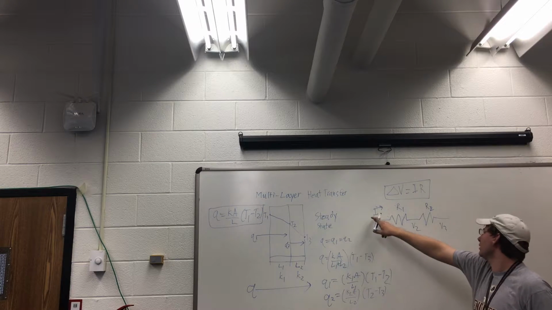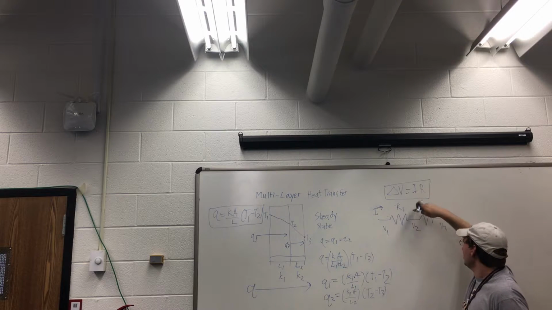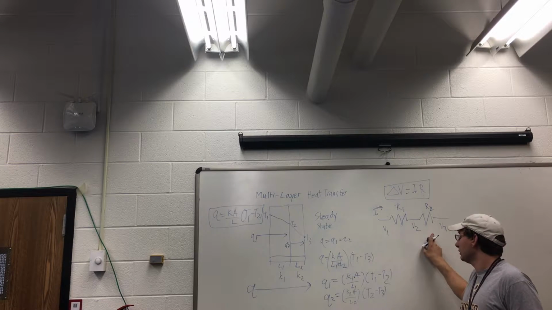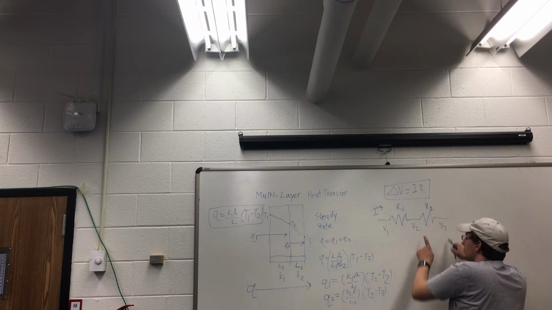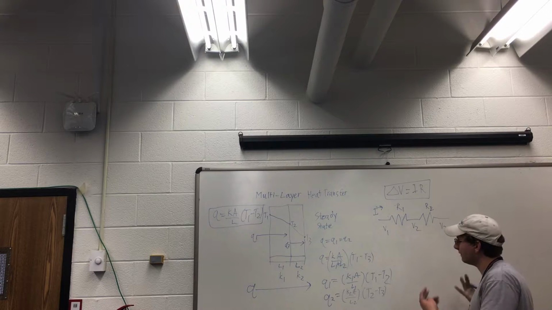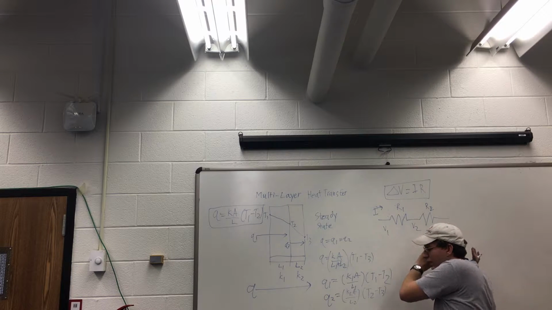We can say the same thing here. Well, this current is going to be the same as the current here and the current here, regardless of the resistance it comes across. And there's also voltage drops, or if you think about it, temperature drops. So keep that in mind. We'll be coming back to this analogy just a little later.